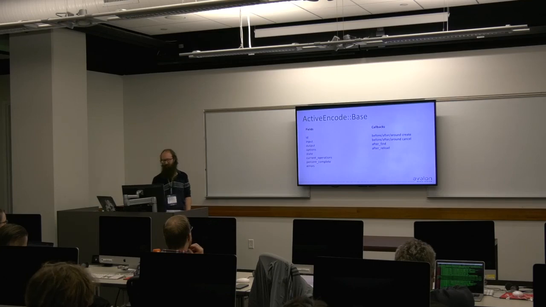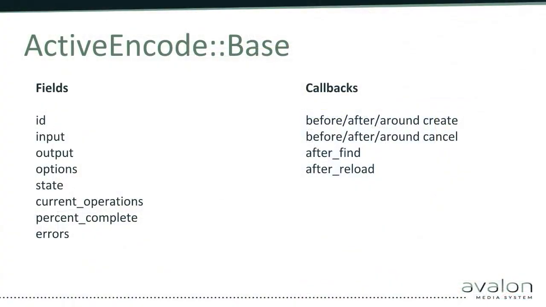Fields that are available: every encode is going to get an ID assigned by that adapter. It's going to have an input object, which will have information about that input, like the URL that it was created with, and if that adapter provides functionality, it will return technical metadata about that input object. And then for output, it is similar, just it can be an array. Here's an array of outputs, the URL of that output, so not the actual bits, just the URL to where I can find those, and technical metadata about that output.